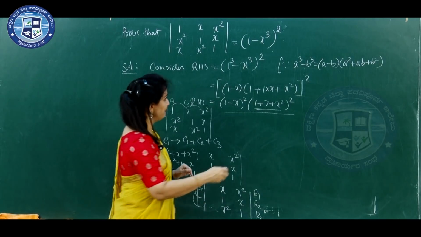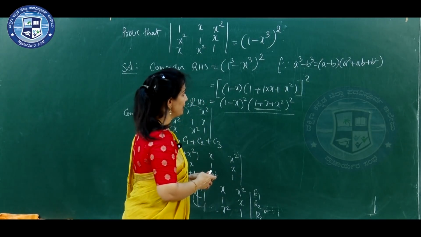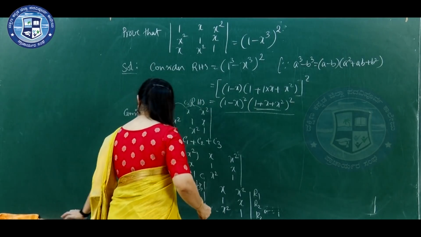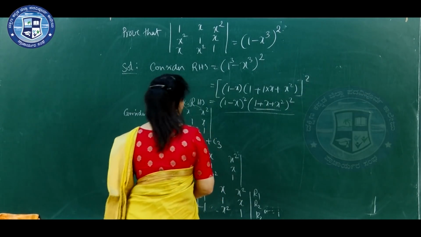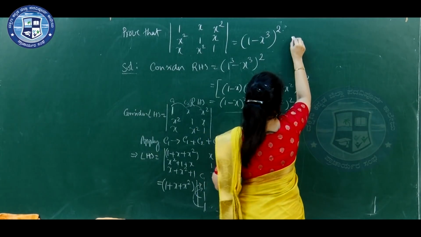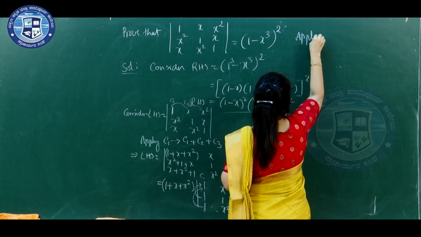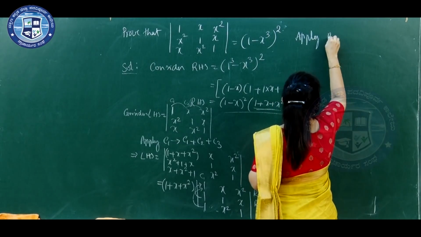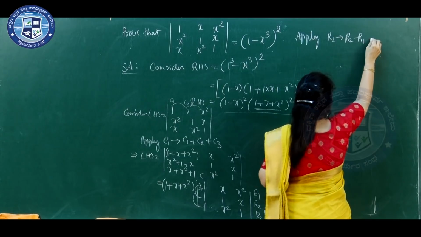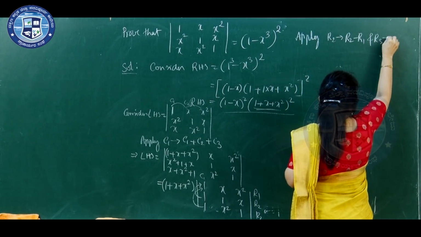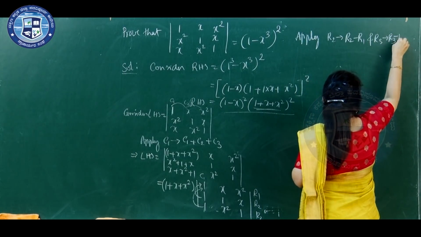Okay. So, the next step is to apply R2 implies R2 minus R1 and R3 implies R3 minus R1.